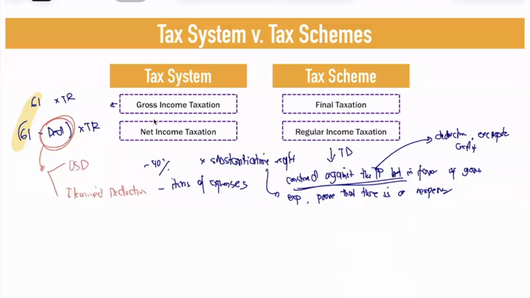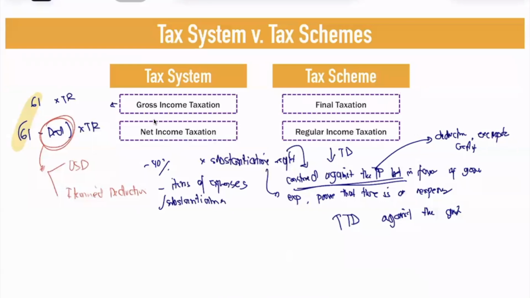But if ever it increases the tax due, it is against the government. So your substantiation requirement comes from your strictissimi juris rule that in construing whatever is that deduction, it must be against the taxpayer. So if OSD, no substantiation, itemized, there is a substantiation requirement.